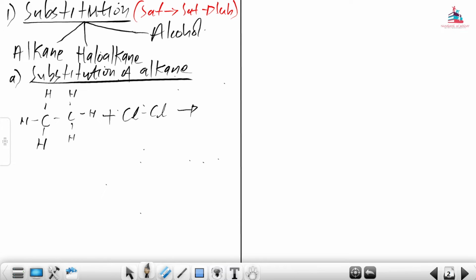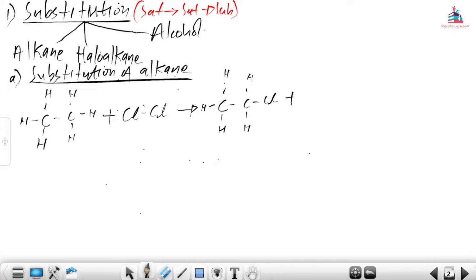It is going to form C2H5Cl plus HCl. So what did we basically do?